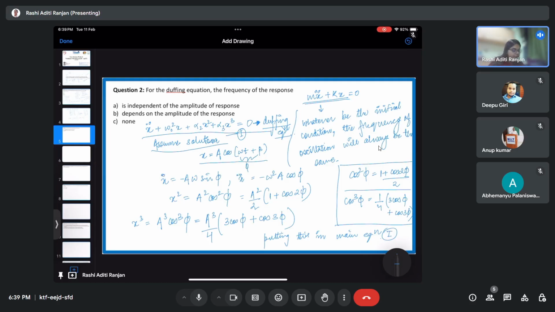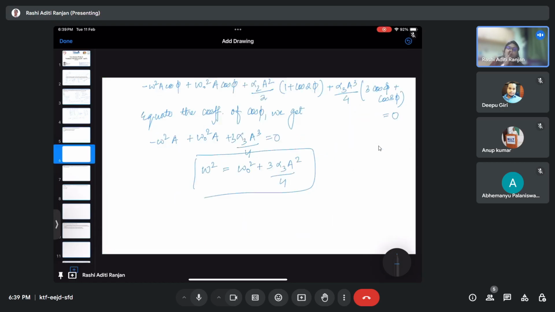I used these expressions, and I also evaluated x square and x cube. Then I put these into the main differential equation.